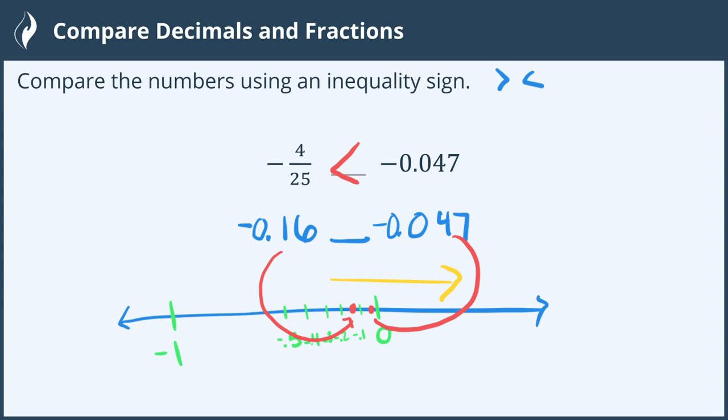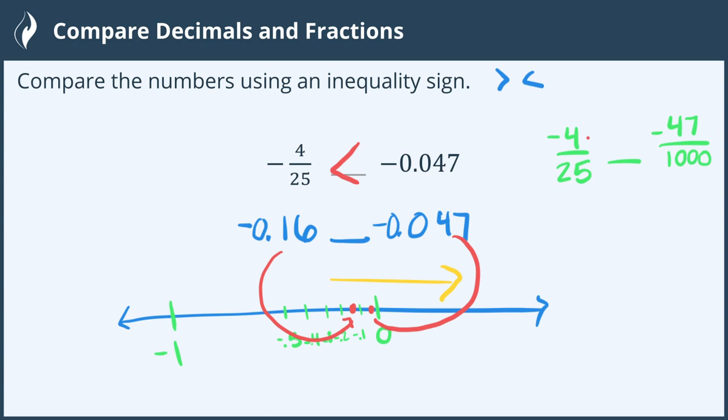For those of you who want to see the fraction component, we can change both of these into fractions by changing the 47 thousandths into 47 over 1,000. Now, the best way to compare fractions is to make sure that they have the same common denominator.